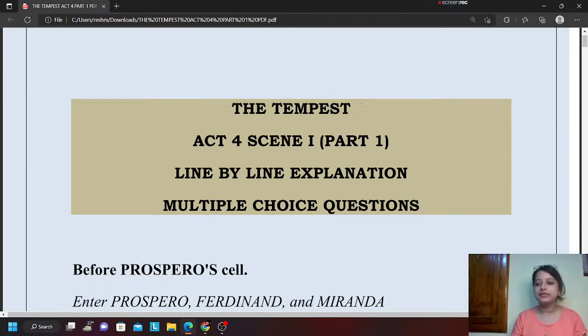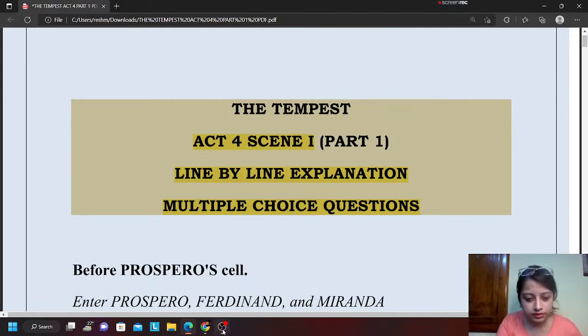Second, Act 4 Scene 1 is a very important scene and we are doing a line by line explanation of the whole thing, every single word. So as we are doing it, it's important that we also discuss some questions. After we have finished the first part of it, we are going to discuss those questions.